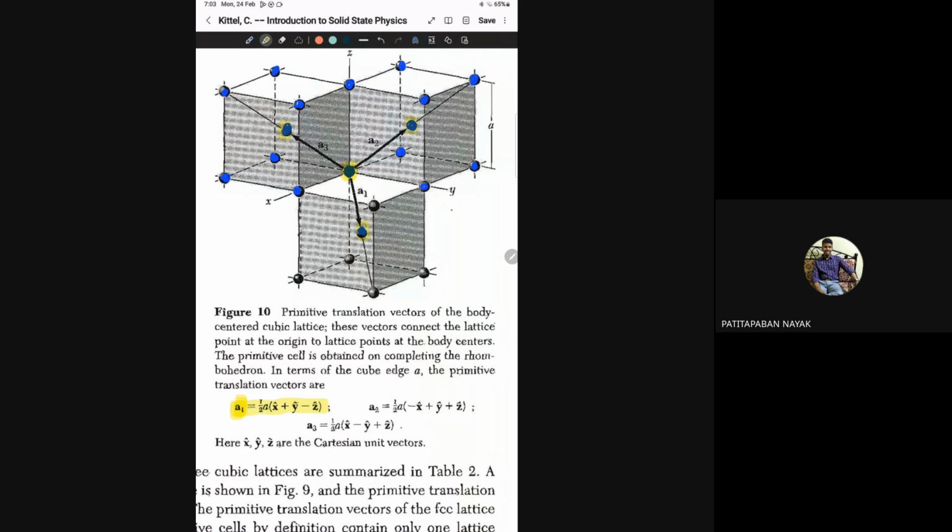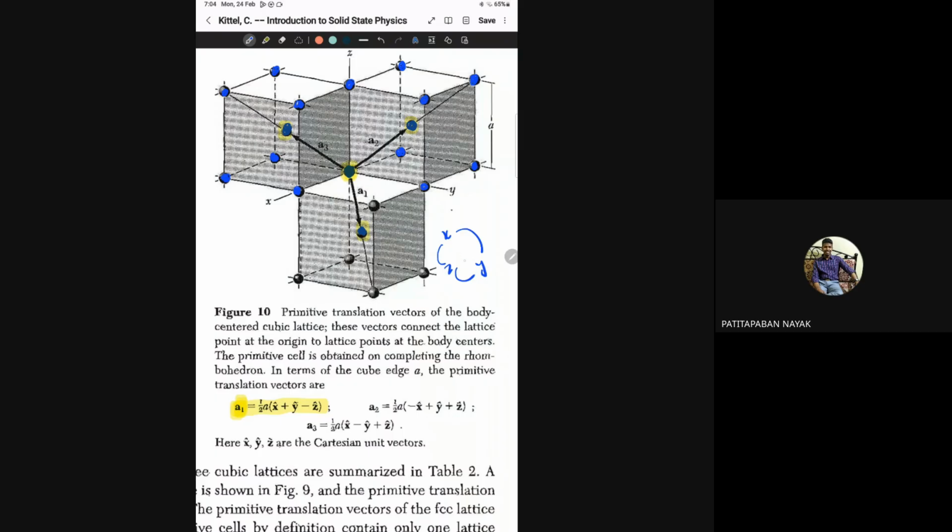So A1 will be expressed as a over 2 times (x cap plus y cap minus z cap). It is cyclic. If you go to A2, then it is y cap plus z cap minus x cap. If you go to A3, it will be z cap plus x cap minus y cap. So if the first one is x, y positive and z negative, then y, z positive and x negative, then z, x positive and y negative.